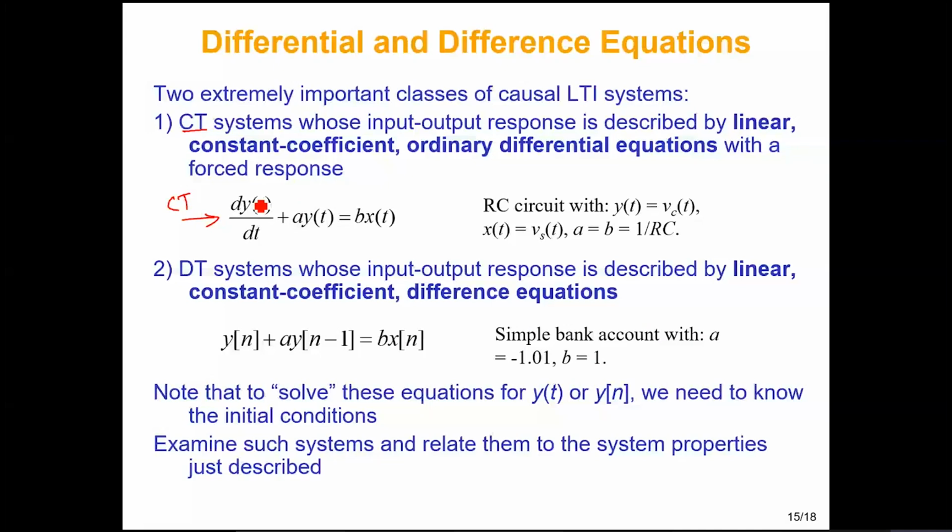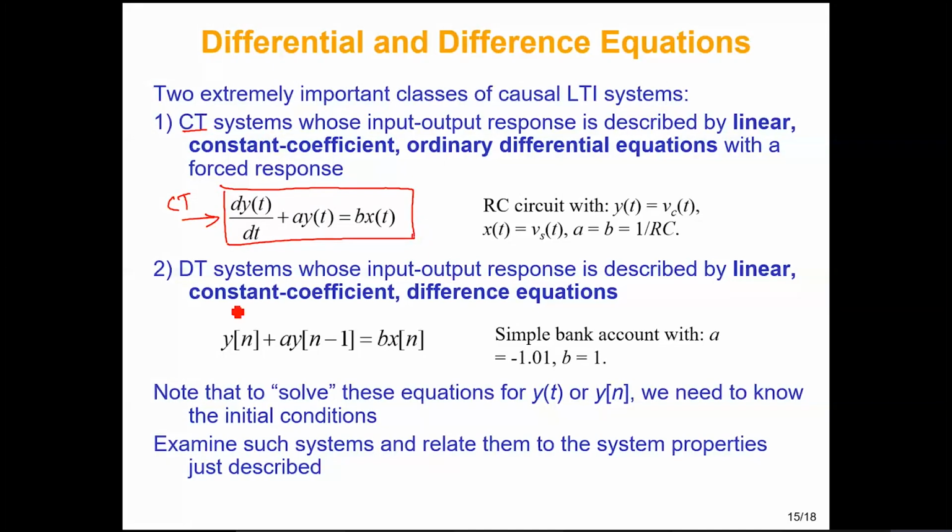And this differential equation can be with y, can be with x, we can have any order of differential present. But in any case, a differential equation is an equation which gives us the relationship between input and output of a continuous time system, or it completely describes your continuous time system.